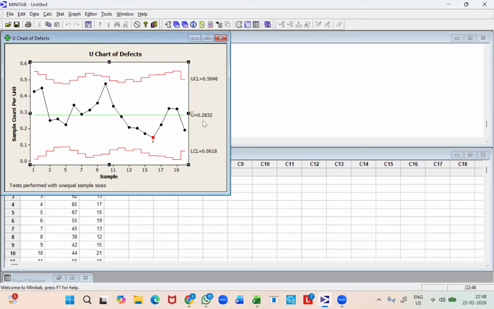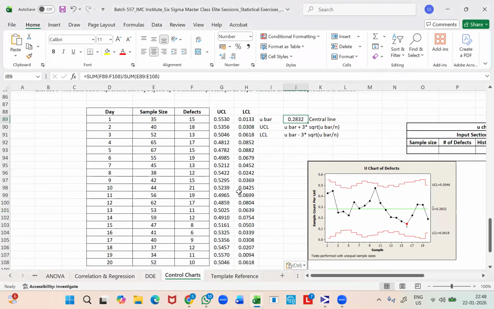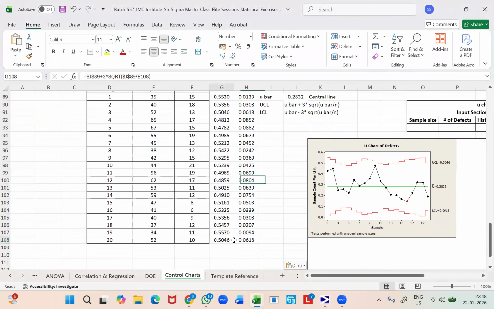And if you look at U bar, it is 0.2832, and that is exactly what we also got performing the manual calculation. And then the UCL and LCL values for the 20th day, 0.5046 and 0.0618.